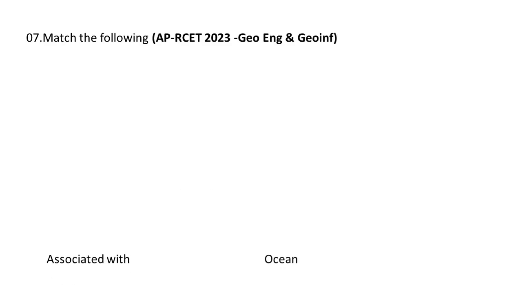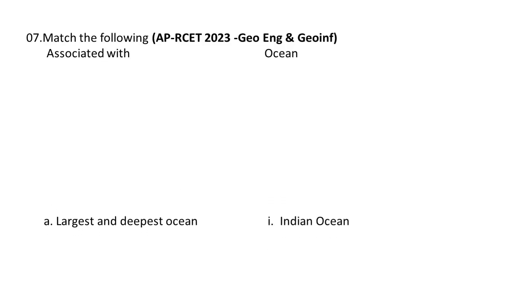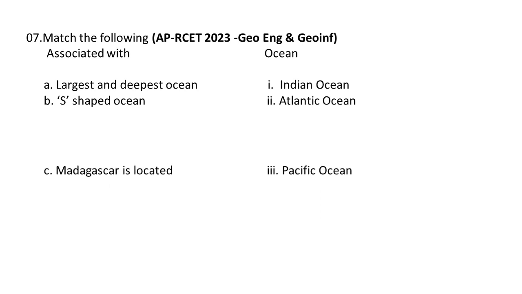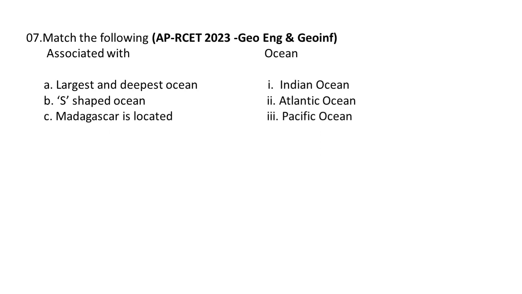Next question. Match the following which are associated with A: largest and deepest ocean, B: S-shaped ocean, and C: Madagascar is located. Here the oceans are given: 1. Indian Ocean, 2. Atlantic Ocean, 3. Pacific Ocean.